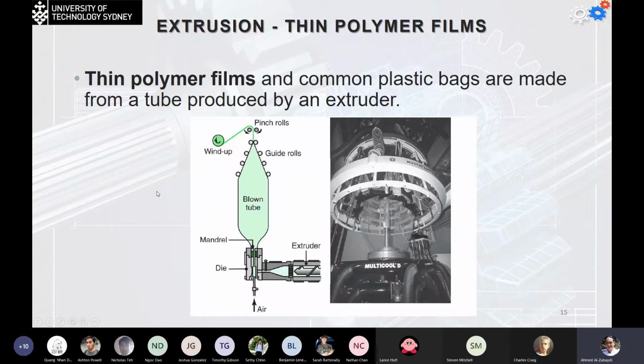Once again, it's the same thing as making a tube, but this tube is thin-walled, and the process is different. We run it vertically.